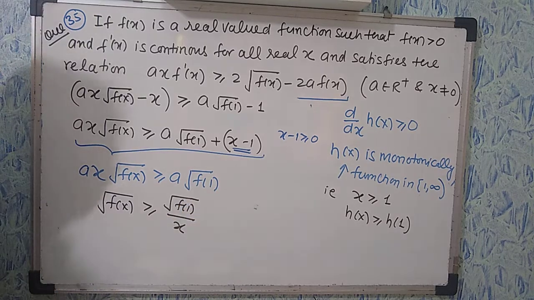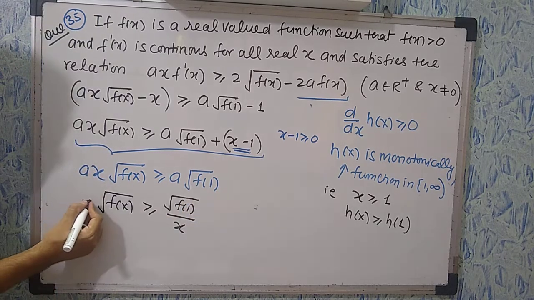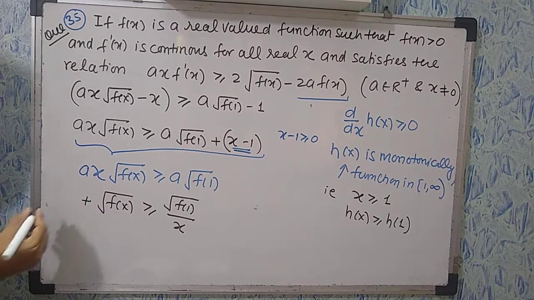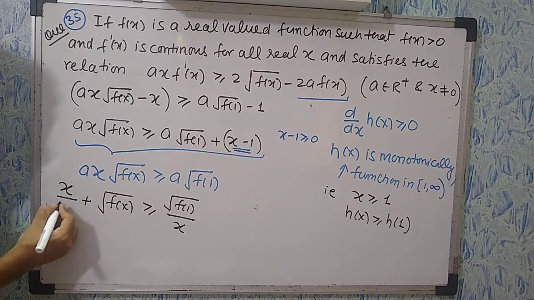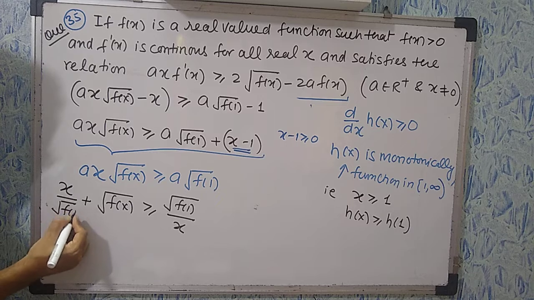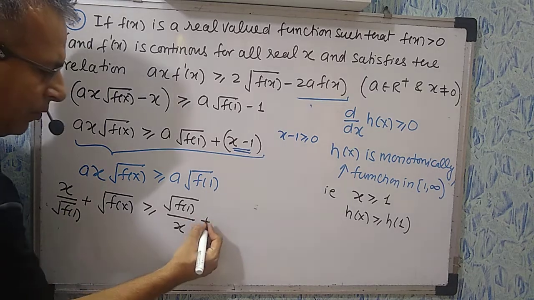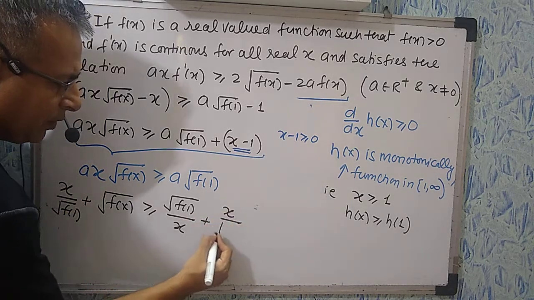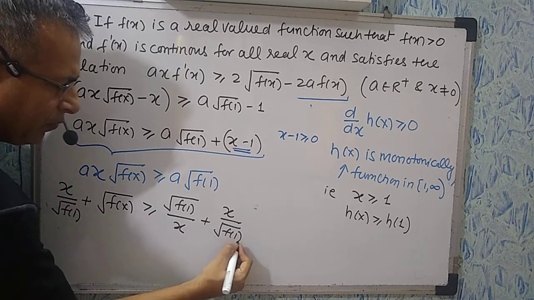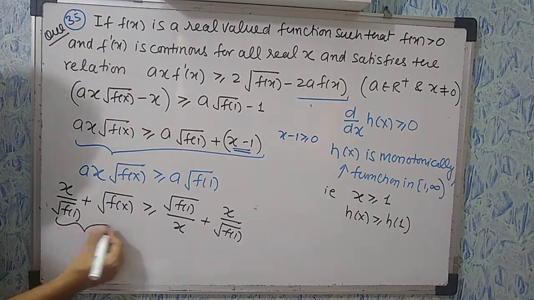divided by x. And now here we add x divided by √f(1). So this will be x divided by √f(1), and this is called g(x).